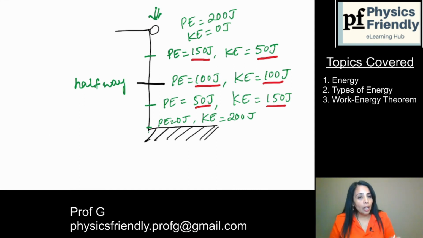Just before the object hits the floor, your potential energy is completely 0. That means the object will have maximum kinetic energy. And when it hits the ground and comes to a stop, it has complete potential energy of 200 joules and 0 kinetic energy because there is no speed associated with it.